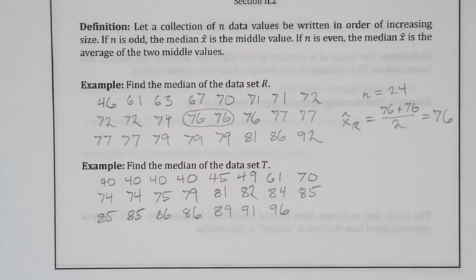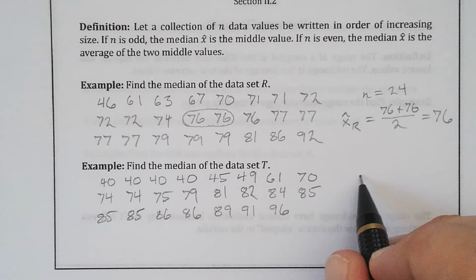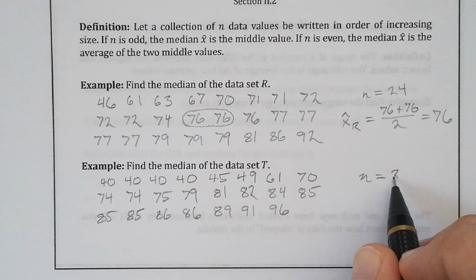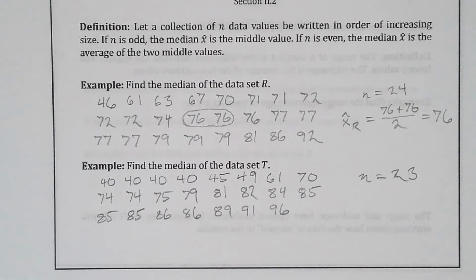Now, t has 23 data values, which is odd. So the median is going to be the middle value. That's going to be the 12th value: 1, 2, 3, 4, 5, 6, 7, 8, 9, 10, 11, 12.